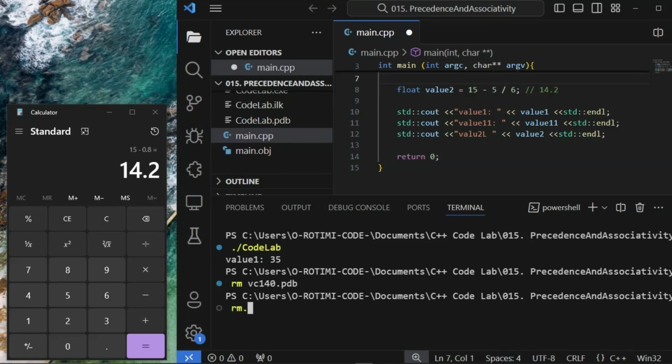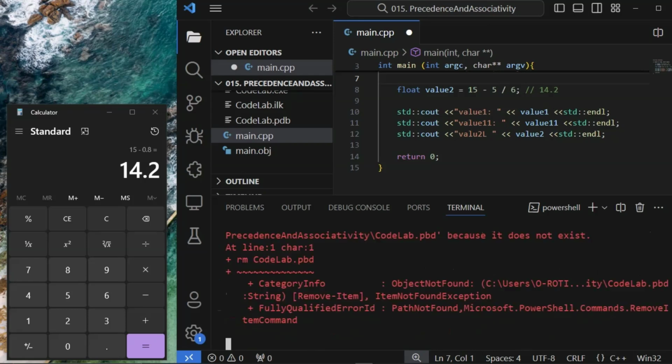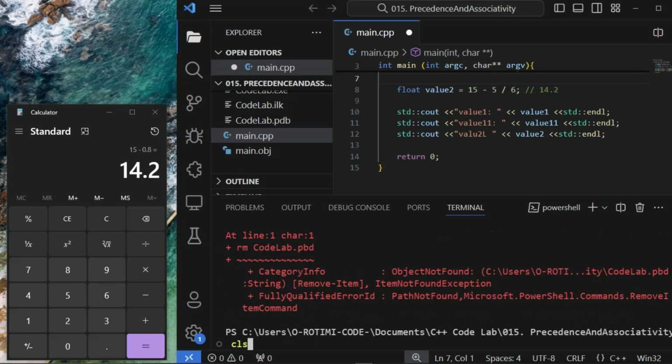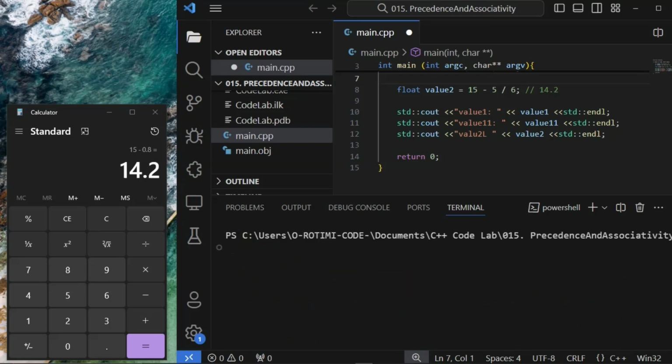So I'm going to remove the PDB. Sorry about this.